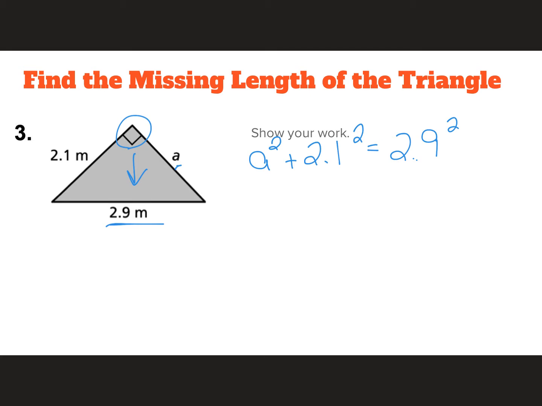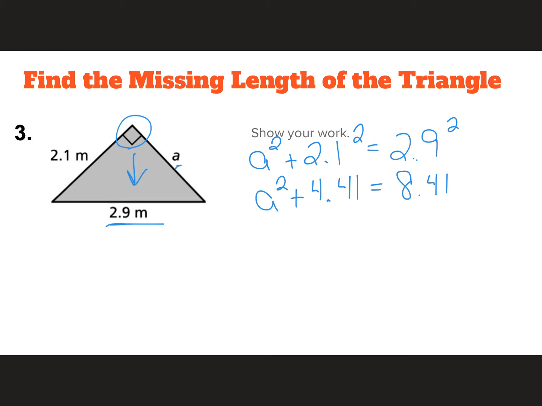We can use our calculators here. 2.1 squared is 4.41, and when I do 2.9 squared, I get 8.41.